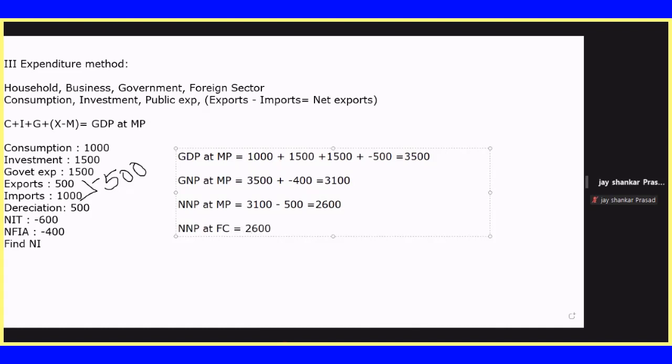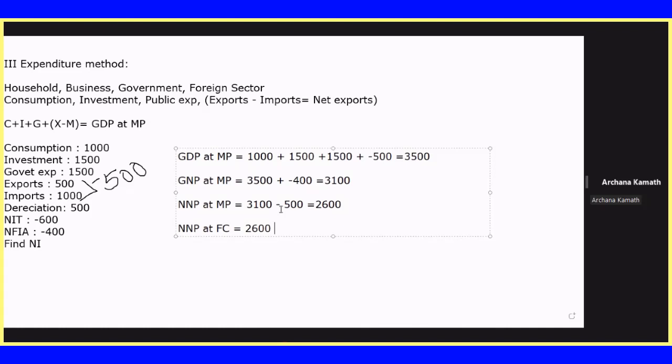NDP at MP is 3,000 minus 500, because from gross we have to deduct depreciation to get the net concept. So 500 is your depreciation. I deducted depreciation from gross to get the net concept. What should be done with the market price and factor cost conversion?